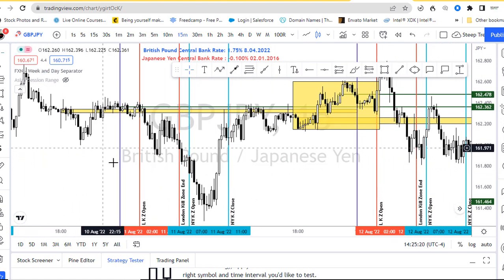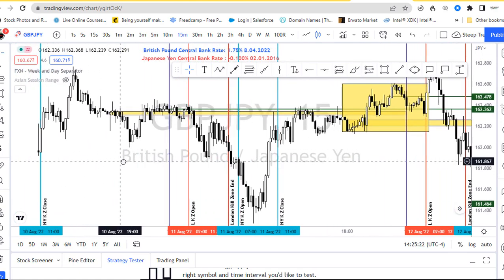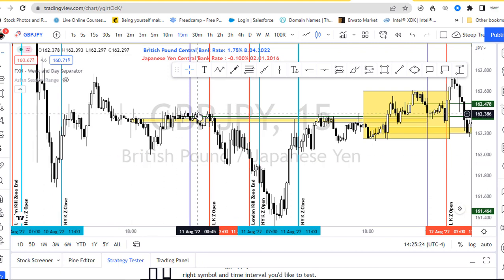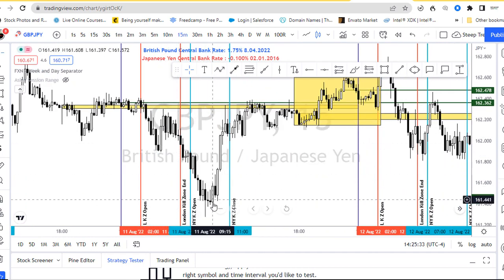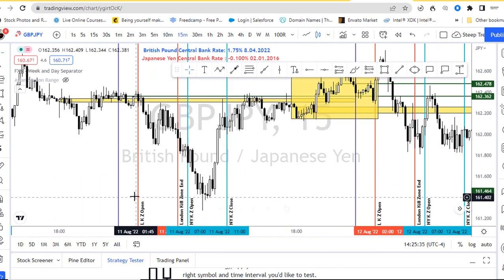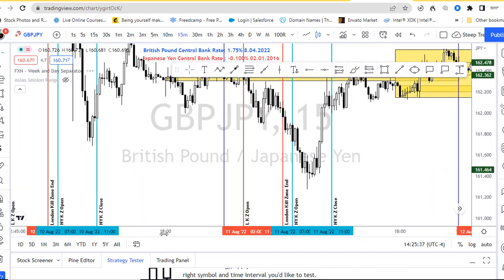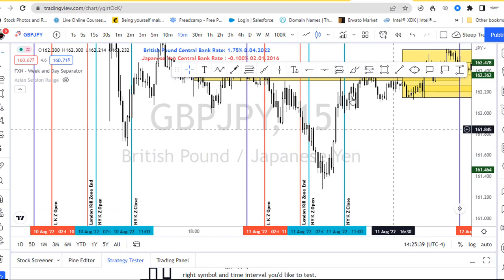Now in this particular one, you can see the high of London, the low of London here, and price just kept trading down, right? What was it doing? It took out these lows here.